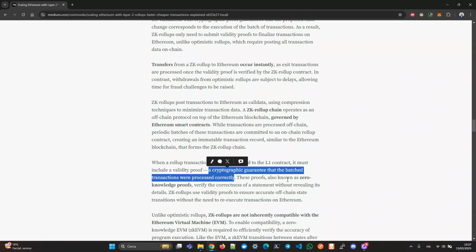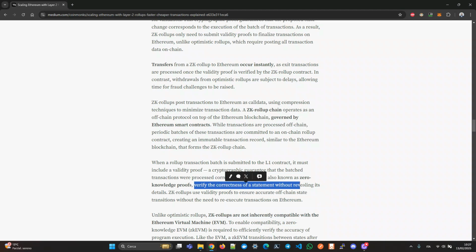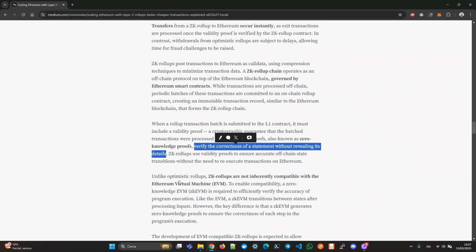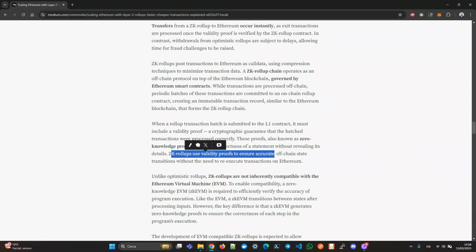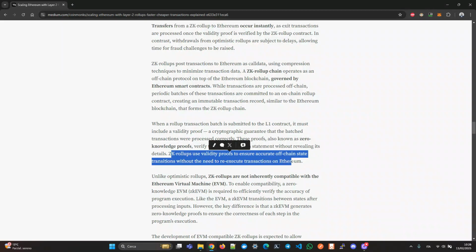These proofs are called zero knowledge proofs because they verify the correctness of a statement without revealing the statement itself. So zero knowledge rollups use validity proofs to ensure accurate off-chain state transitions without the need to re-execute transactions on Ethereum.